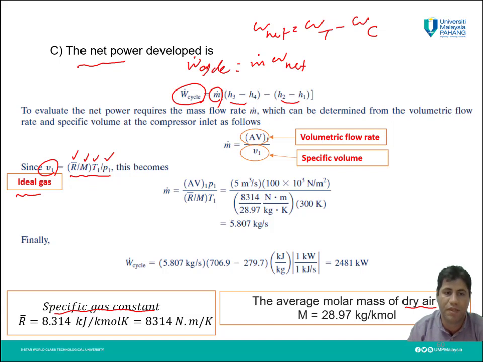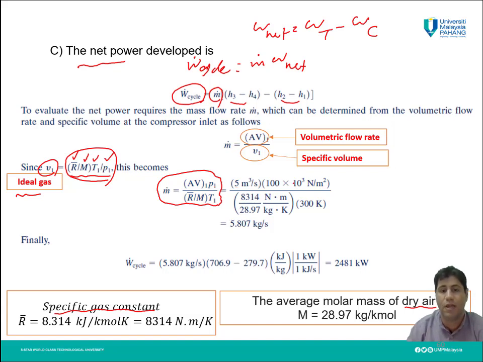We substitute this into our equation, A V, the volumetric flow rate. Then instead of V1, we just substitute this expression. Finally, this equation will be our equation to calculate m dot. The volumetric flow rate is given as 5 meter cubed per second.